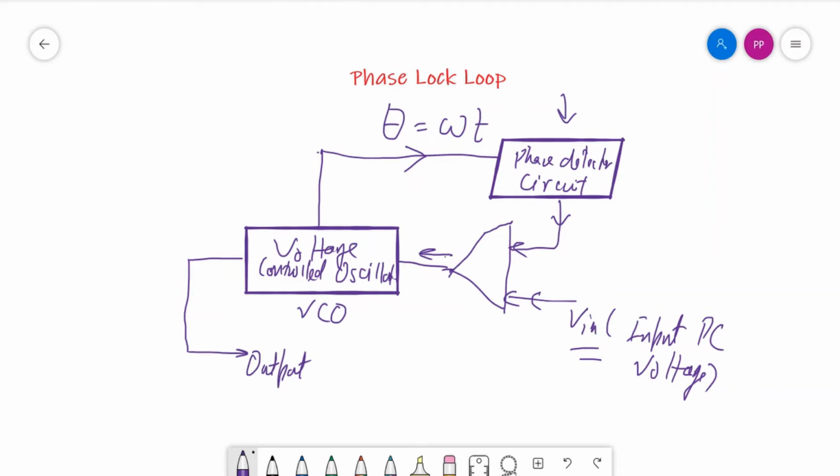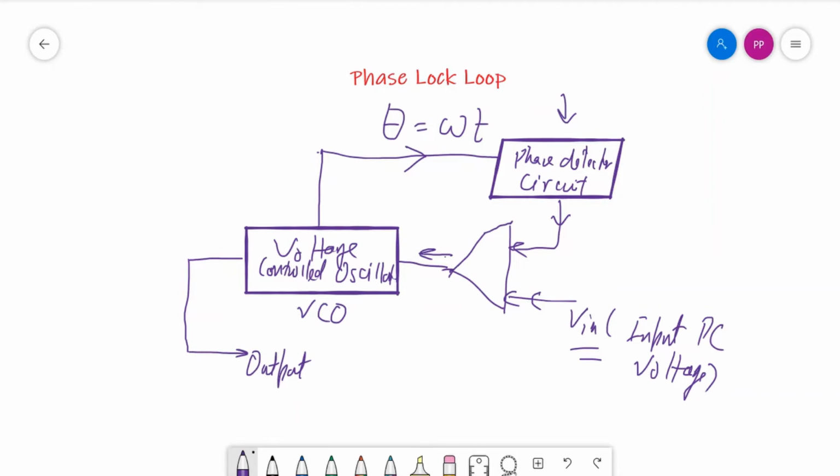Hence the phase of the output of the voltage controlled oscillator is in proportion to the voltage input, and thus we can say that the phase of the VCO is locked along with the input voltage. So we can say that the VCO output frequency change is a replica of the change in the input voltage Vin.